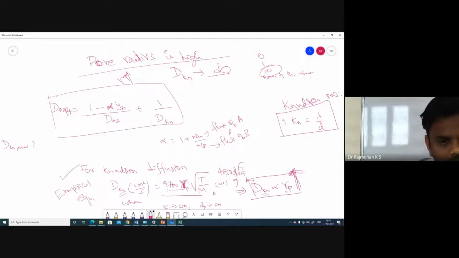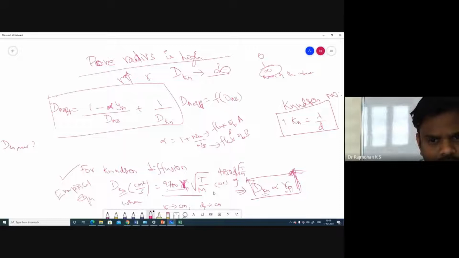So that means when R is high, I make it a very simple sentence if you find it difficult. As R is increasing, DKn will increase to infinity with a very high value of R. In that case, this 1 by infinity term becomes negligible. So this DA effective will be solely a function of DAB.